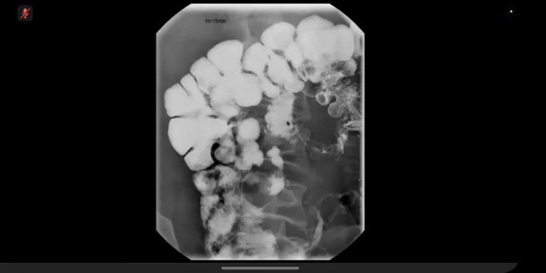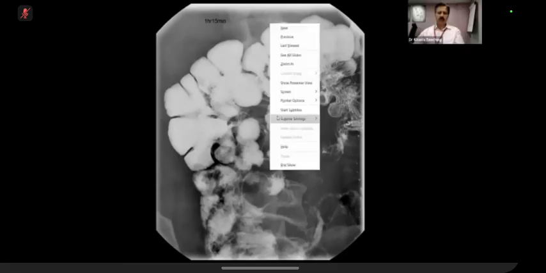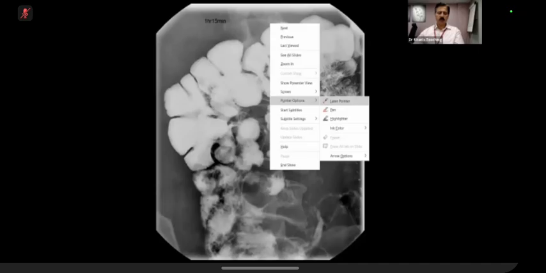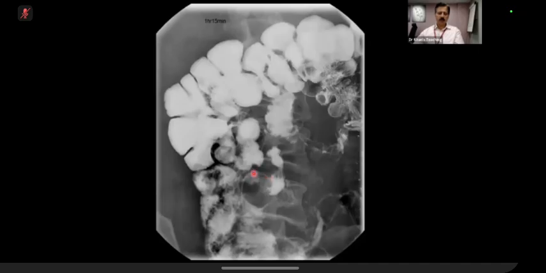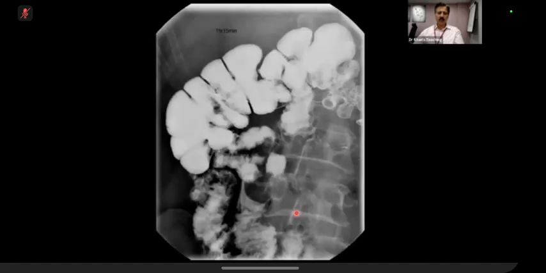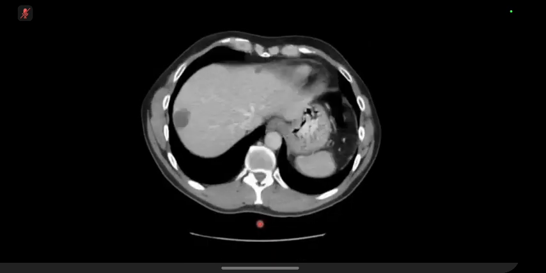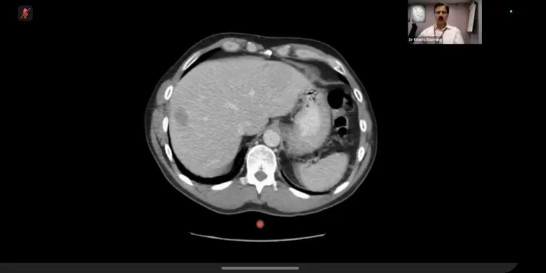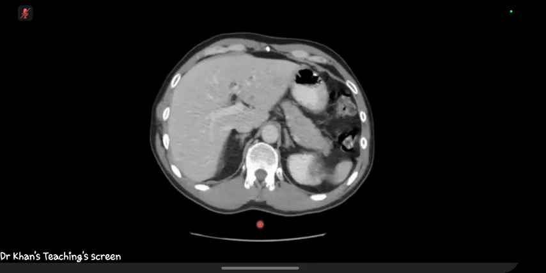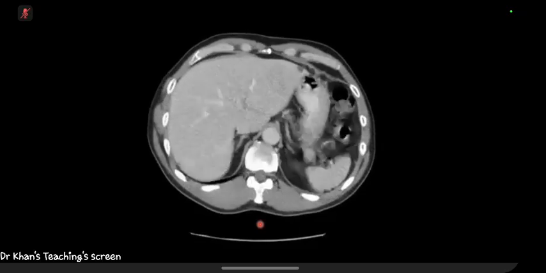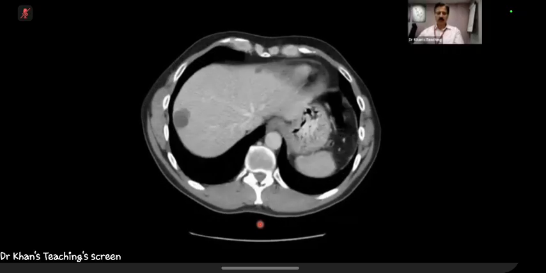Okay, all of you, if you can concentrate on this classical exam film, classical film for a long case, on a barium examination, you can see this filling defect. Subtle but definite, because it is persistent and you can see loops here. And then on a CT scan, there was a metastasis in the liver. And on these films, it was missed.